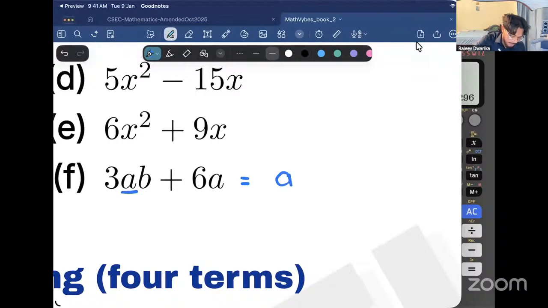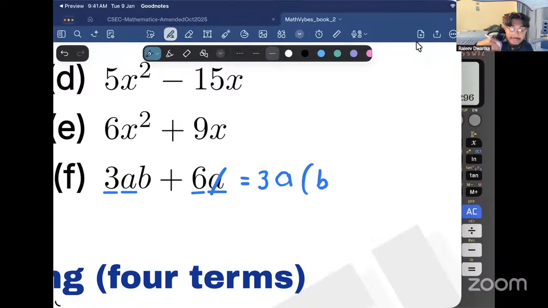Then we could look at 3 and 6. Is there a number that could go into both 3 and 6? 3. So I could pull out 3. If I pull out 3a, what am I going to put here? b. Cool.